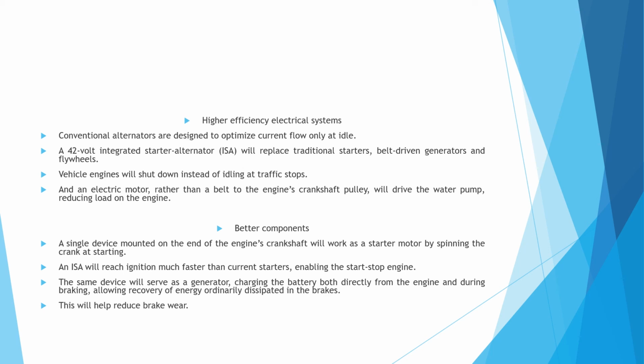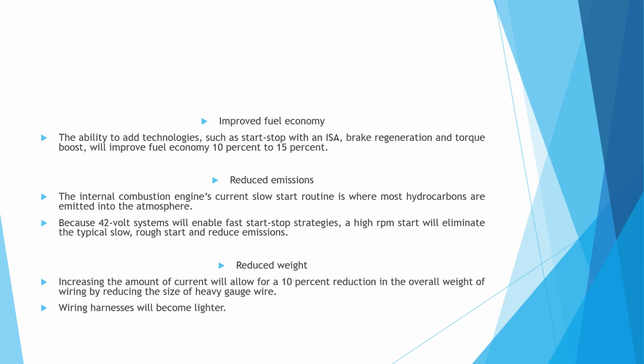The same device will serve as a generator, charging the battery both directly from the engine and during braking, allowing the recovery of energy ordinarily dissipated in the brakes, and this will help reduce the brake wear.